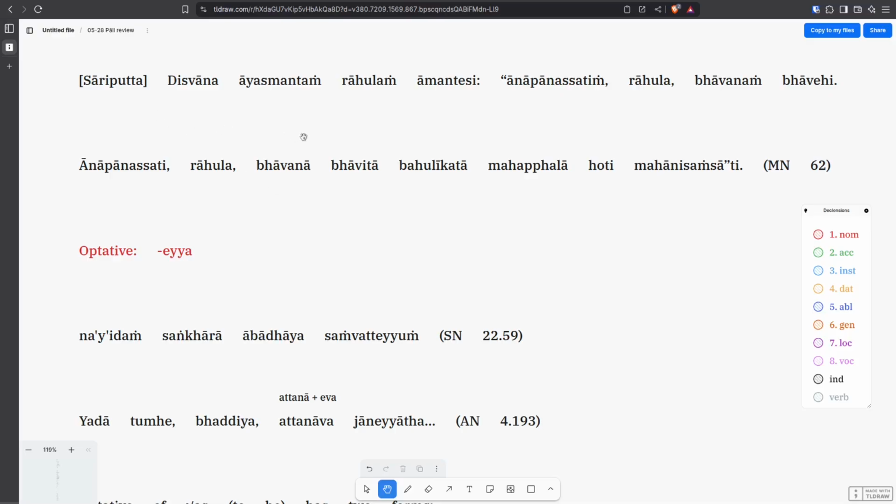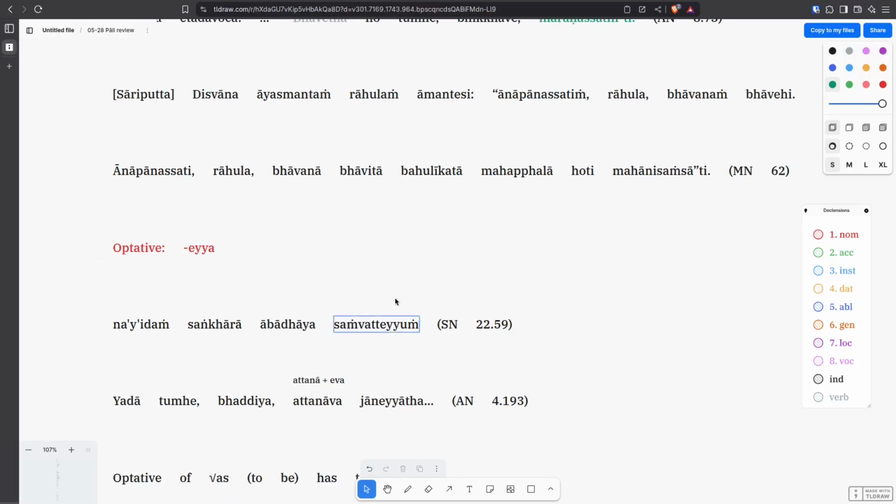Venerable Titapanyo, can I ask you to read the next one? Disvana ayasmantang Rahulang amantesi. So, having seen, it's the implied Sariputta doing the action: Sariputta addressed Venerable Rahula. That's right.